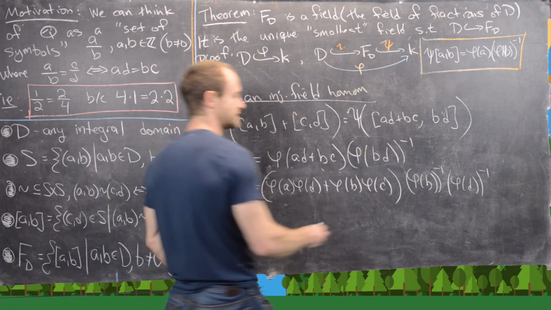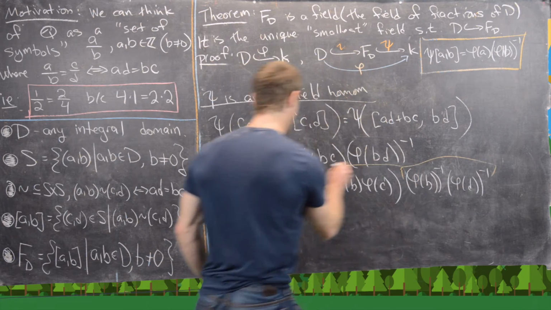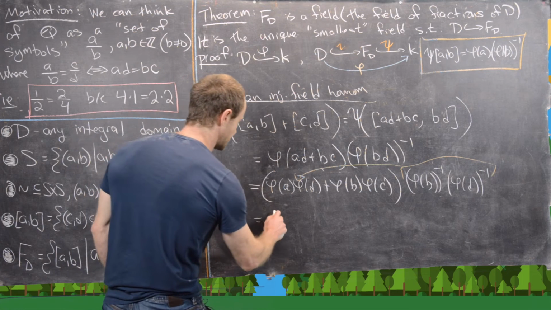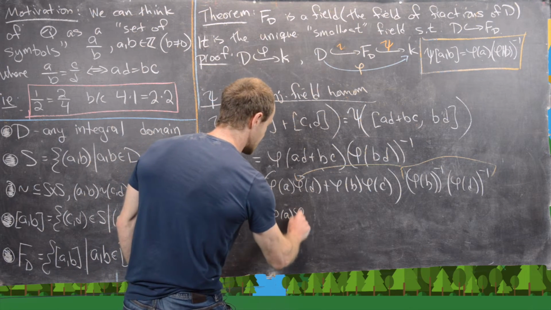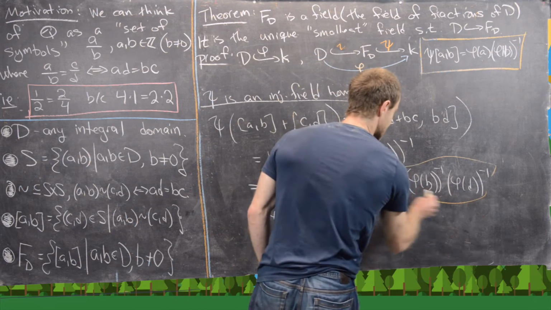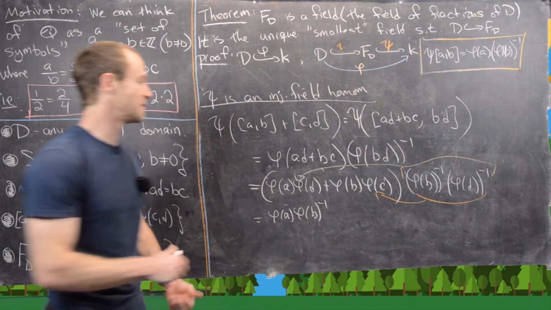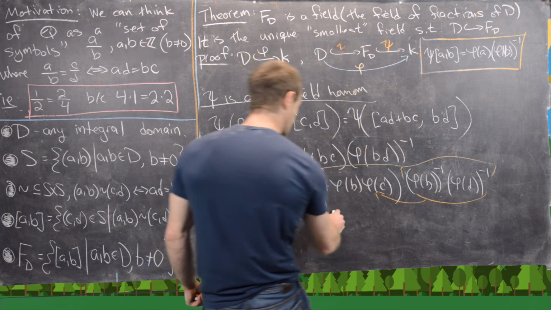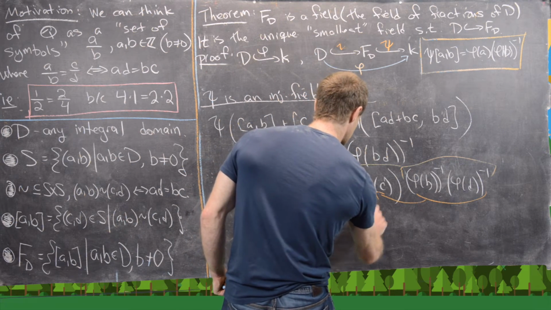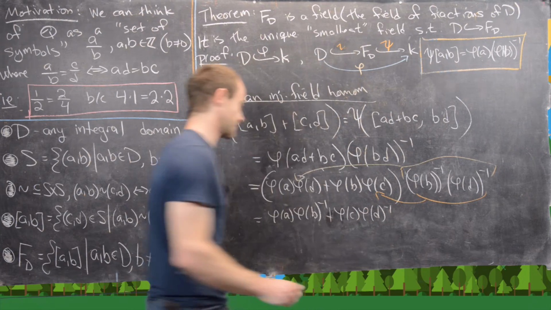So now notice that when we distribute this onto the first term, the D part is going to cancel, and that's going to give us phi of A times phi of B inverse. And then when we distribute this onto the second term, the B is going to cancel, and we're going to be left with phi of C, phi of D quantity inverse.